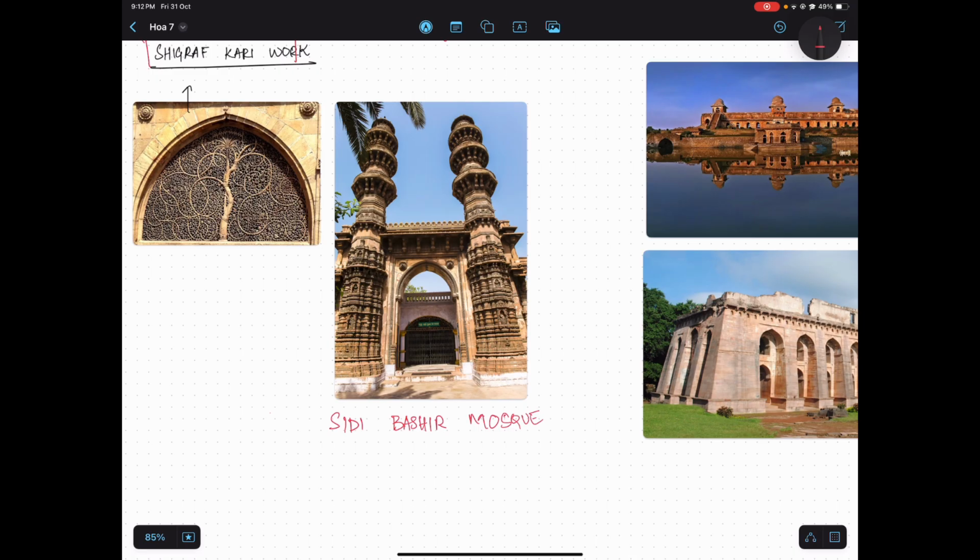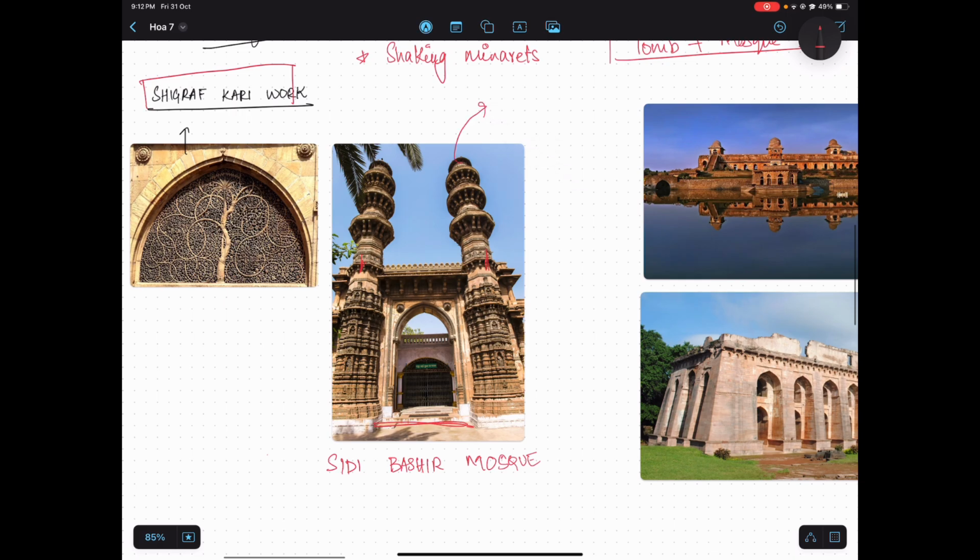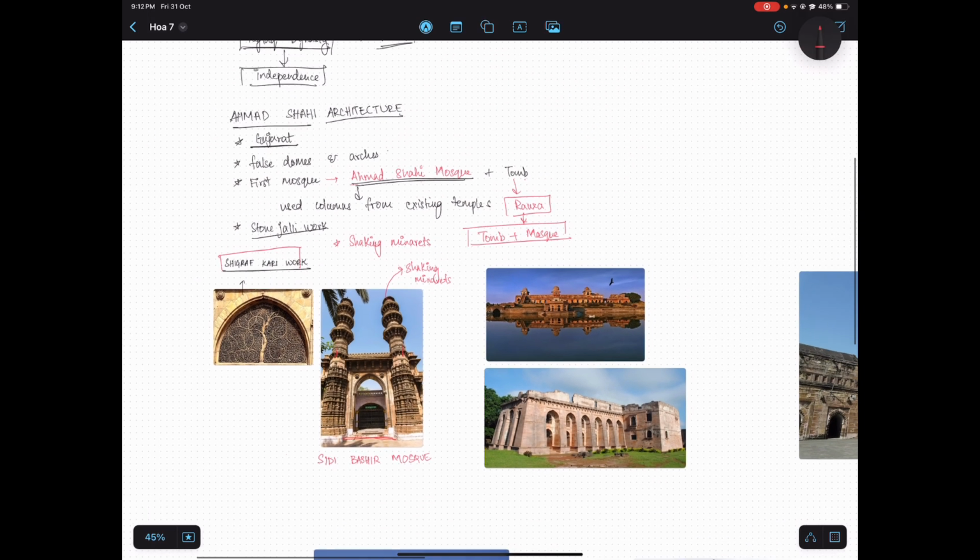It is believed that when you shake one minaret, the other also starts vibrating, and the space between them also starts vibrating. So these are the shaking minarets of Siddhi Bashir mosque, and these are the important features of the Ahmad Shahi architecture.